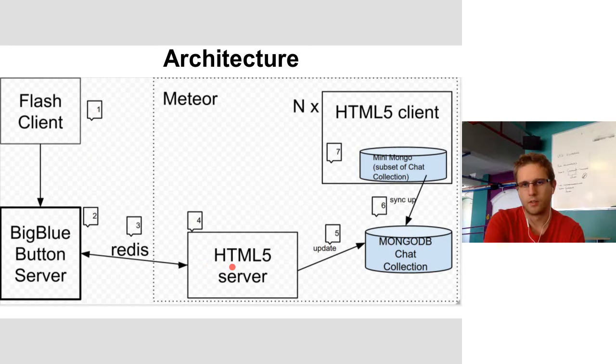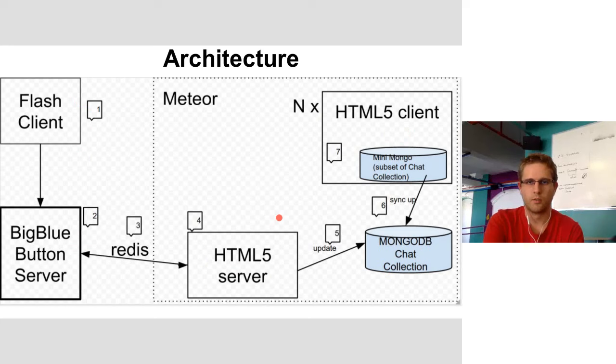Then we'll handle this message and update our Mongo collection, which is always synced up to the HTML5 client, which will then change the slide. So the same slide will be displayed both on the Flash client and the HTML5 client.